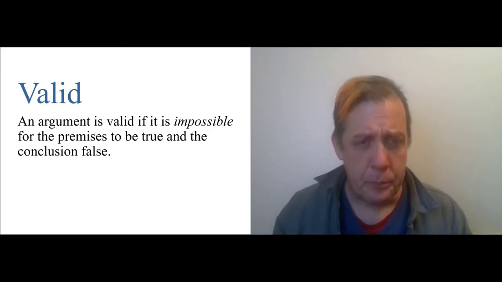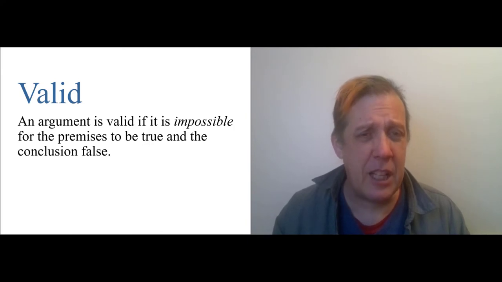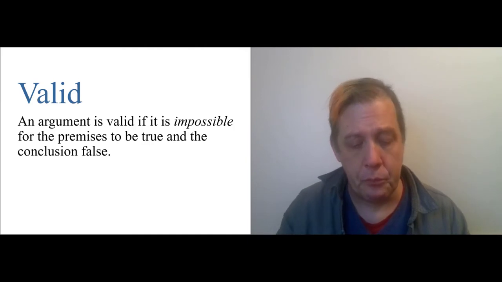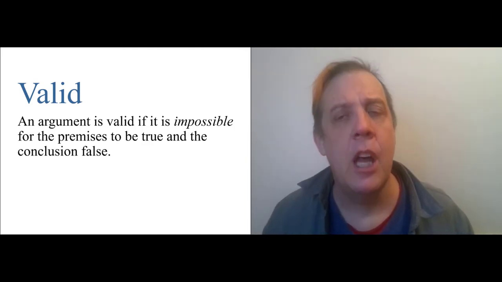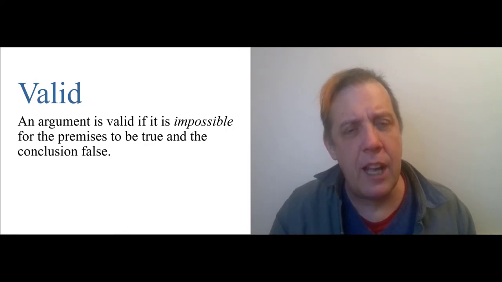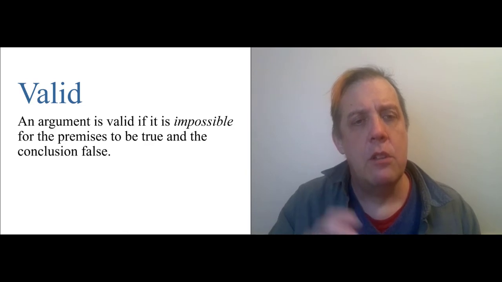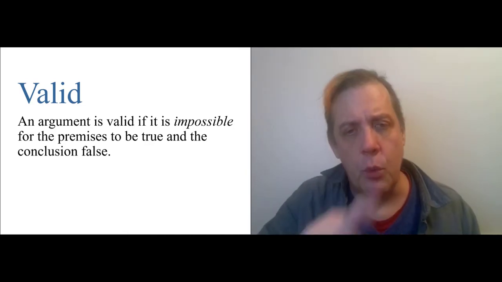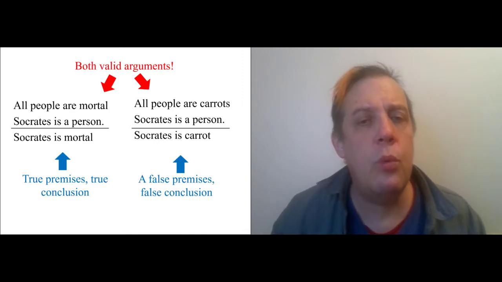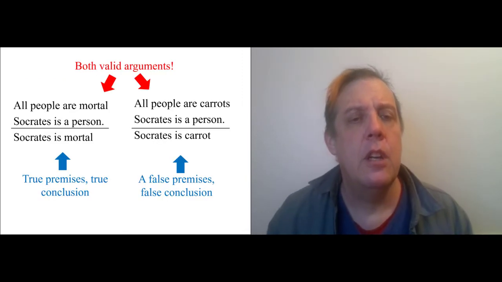So again, an argument is valid if it's impossible for the premises to be true and the conclusion false. It's about the relationship between the premises and the conclusion, right? So there's one possibility that's being ruled out here. True premises, false conclusion. We're ruling that out. So look at these two examples again.